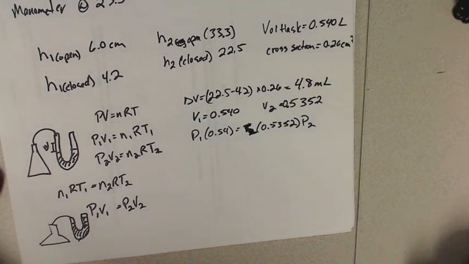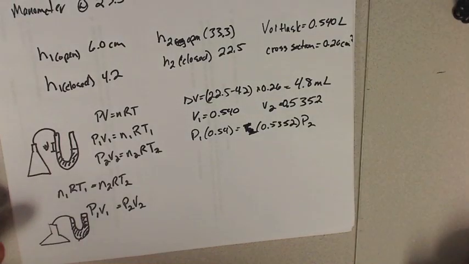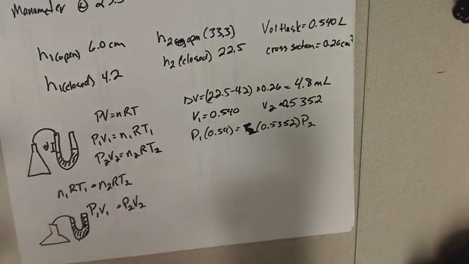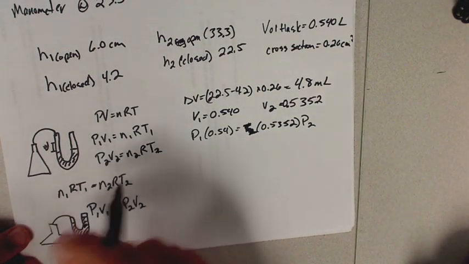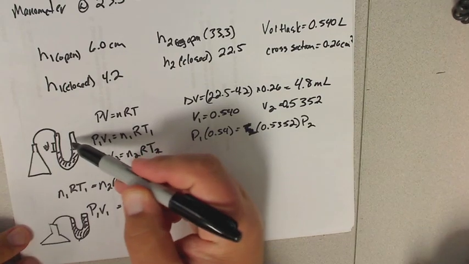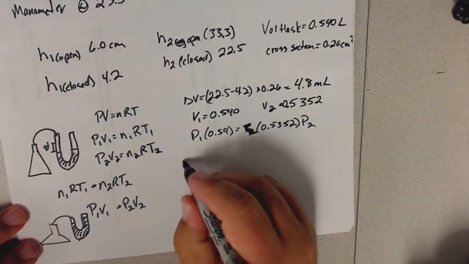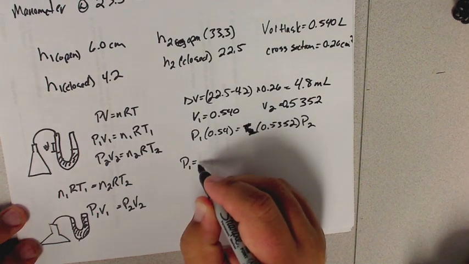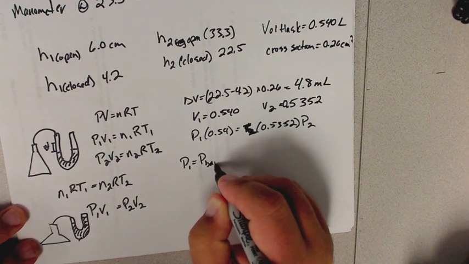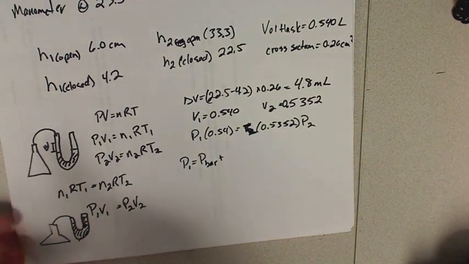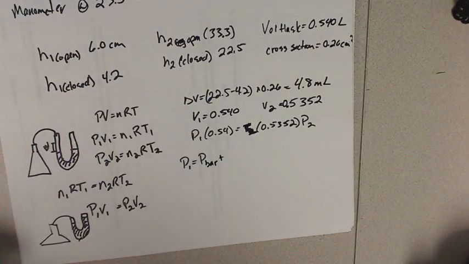The pressure in the flask at any time is equal to the atmospheric pressure plus whatever extra water is above this in terms of the mass. So P1 equals P bar, the barometric pressure, plus whatever this difference is here.